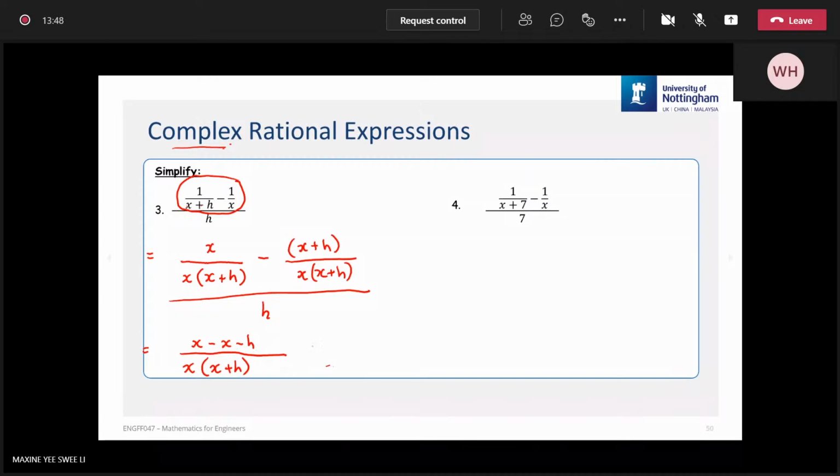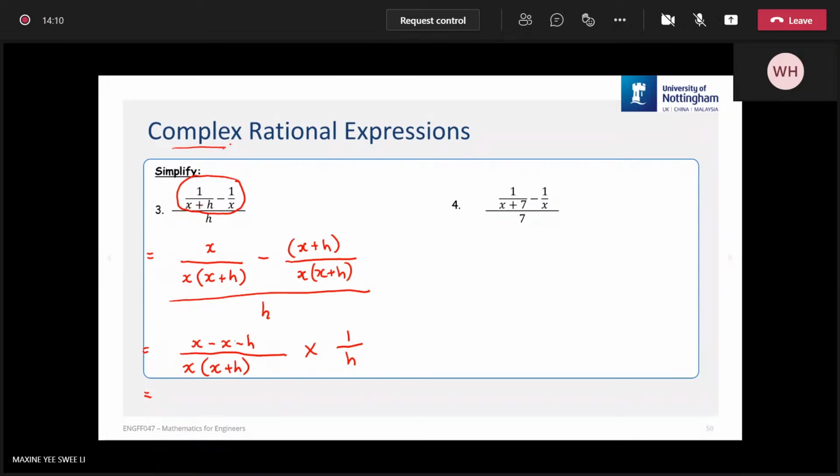So the whole thing we divide by h, isn't it? So instead of writing divide h, we write multiply by the reciprocal of h. That means multiply by 1 over h. So now this makes it easier for us to simplify.